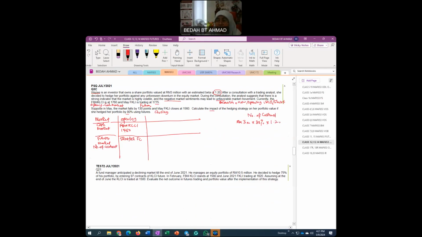This investment is maybe a riskier investment, so we need to cover all the risks. So we have to hedge above the 3 million: 3 multiplied by 1.2 means 3.6, multiplied by 80% means 2.88. Okay, so 2.88 million.